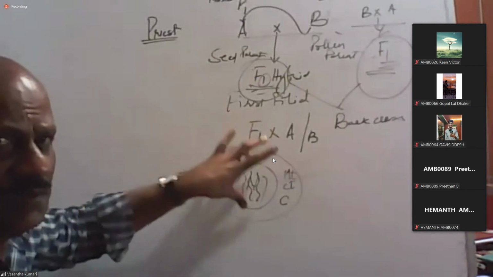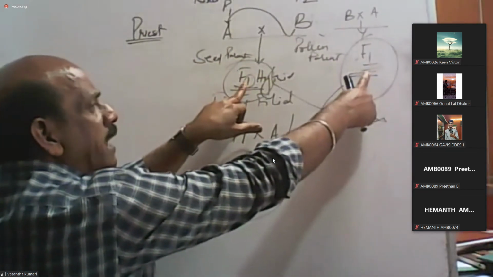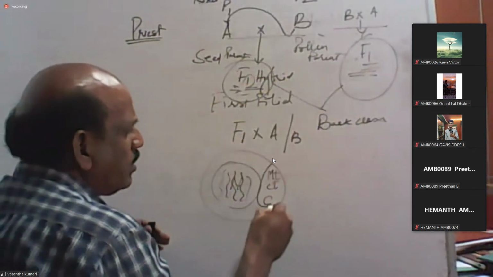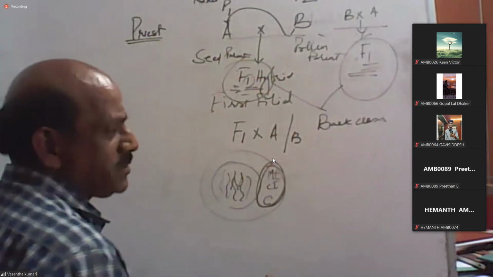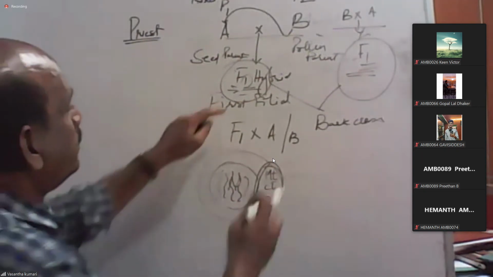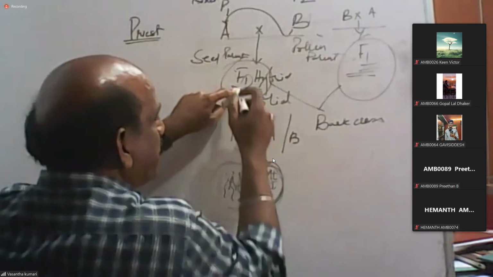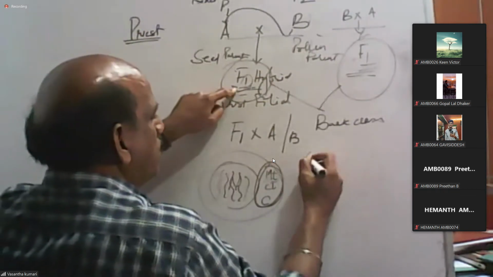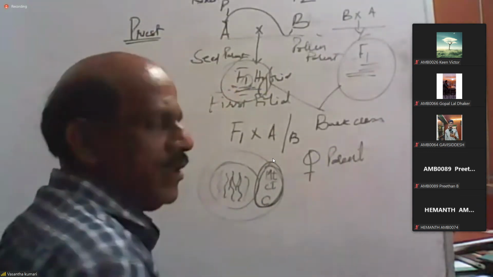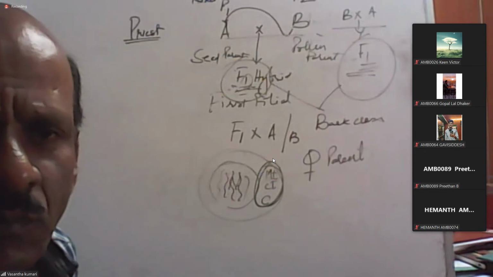Now, if the character is under the influence of nuclear genes, the two F1s would be identical in their phenotypic expression. If the trait is under the influence of mitochondrial or cytoplasmic genes, then these two F1s could differ, and the trait expression of the F1 will depend on the female parent phenotype.